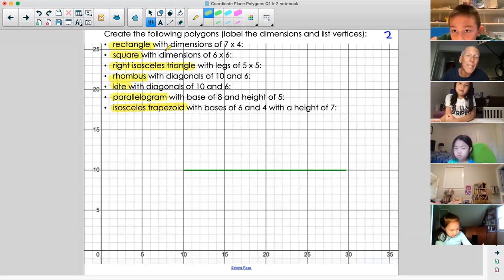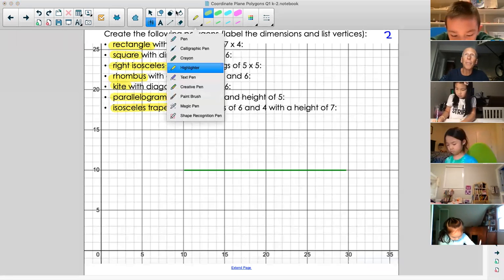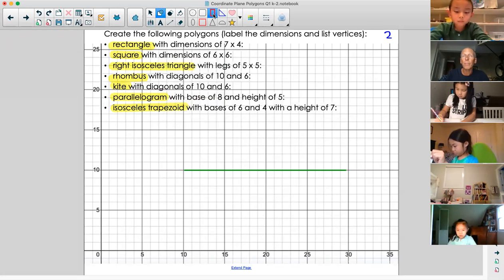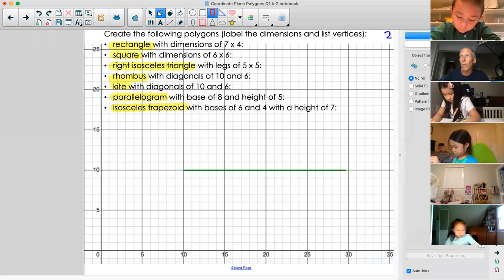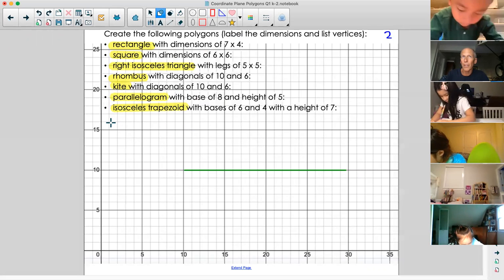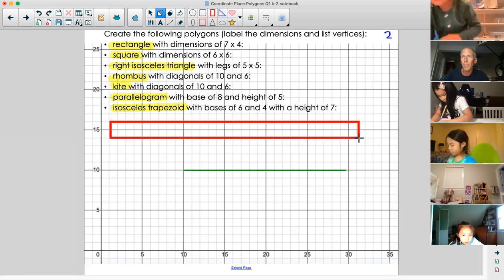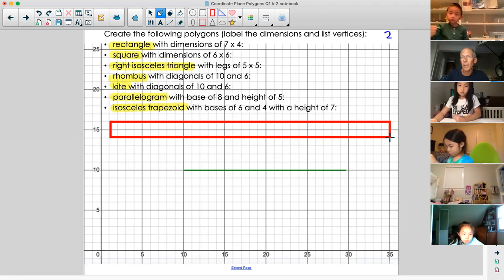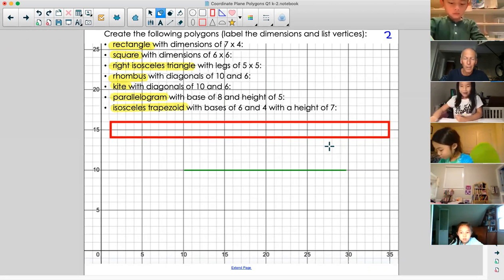You can make them with any dimensions you want. Now I'm going to make my own rectangle. I don't know if you guys are going to like my rectangle though. It's a little strange. Wow. Was that a very strange rectangle?